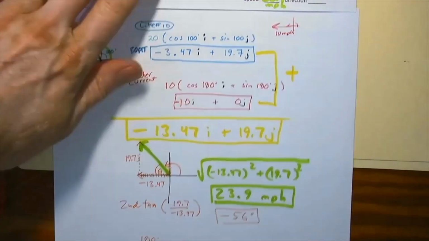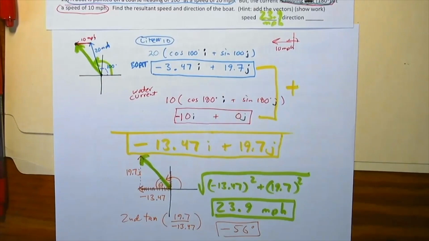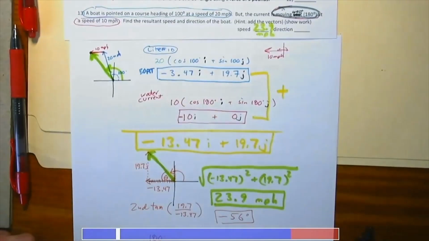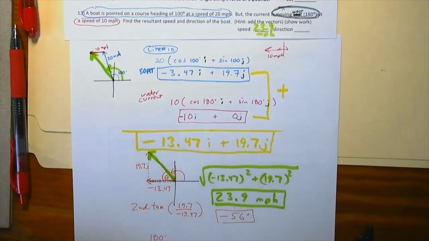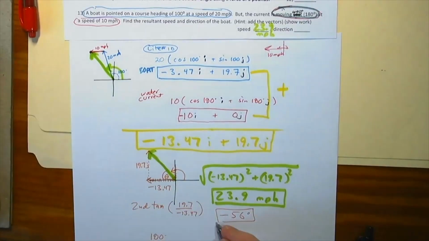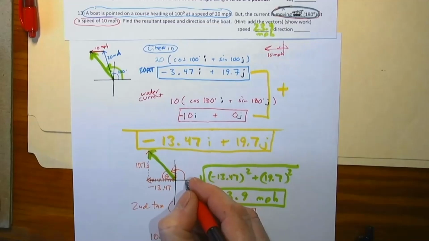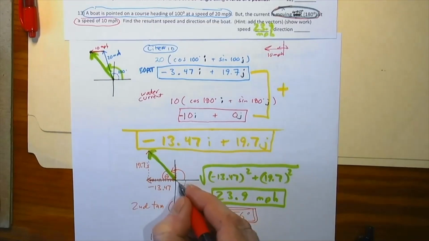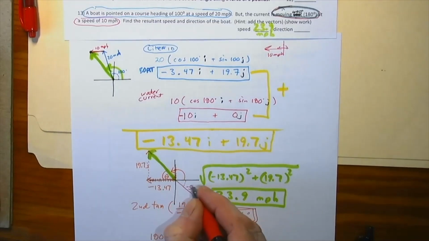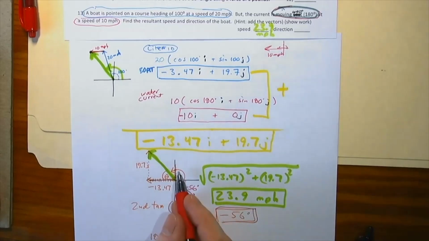But does that make sense? What is negative 56 degrees? You gotta have the drawing. That's why it's AP Physics. Negative 56, let's use a new color here. Negative 56 is this way, about right here. That's negative 56 degrees. Is that the direction you went? No, you went the opposite.